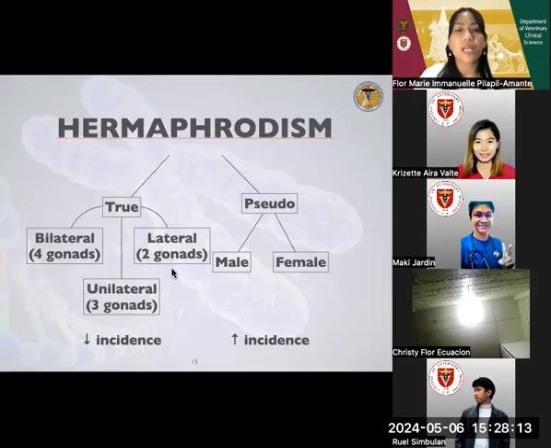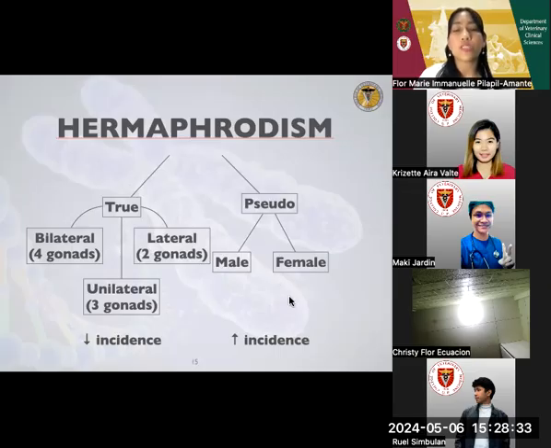For the lateral, we have either two of the uterine horns or two of the testicles, and unilateral, which has a low incidence. We have either two testicles and one uterine horn, and vice versa.